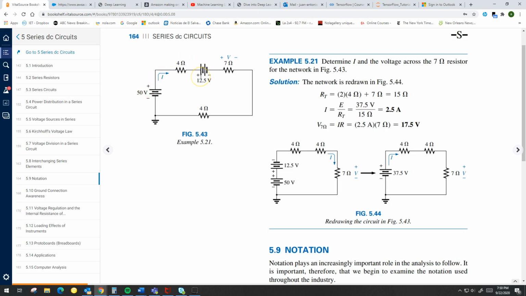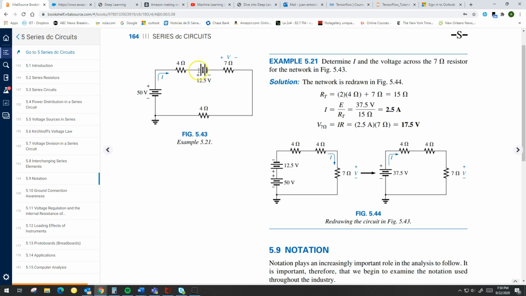Now notice that it's still a series connected circuit. That's the important thing. You're not changing the overall behavior of the circuit by doing that. And notice again that it's important that you keep the connections consistent.